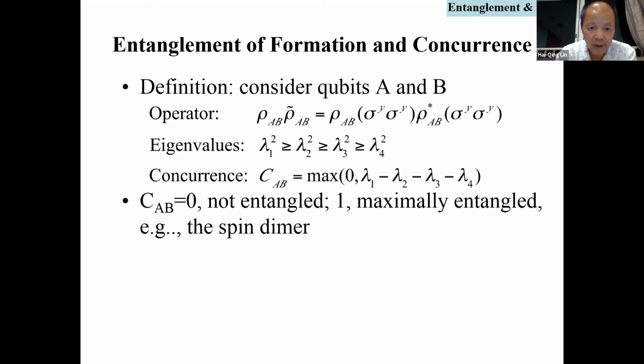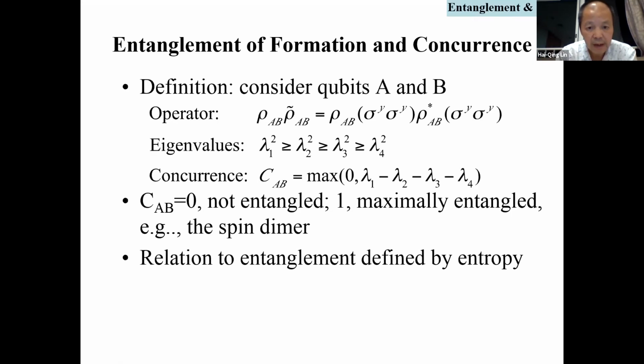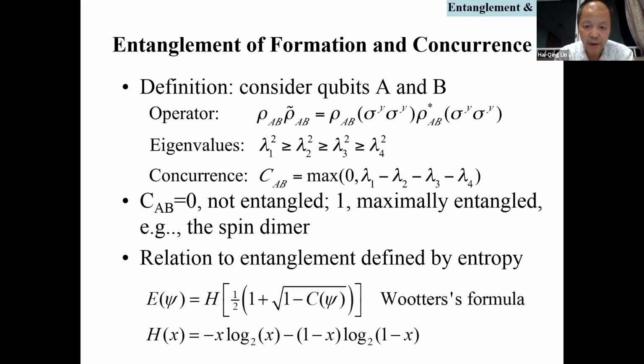For example, the spin dimer, when it is a singlet or triplet, is maximally entangled. Now, these entanglement definitions somehow relate to each other. For example, this concurrence is also related to the entanglement entropy definition.